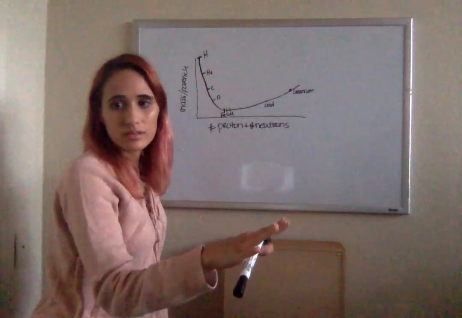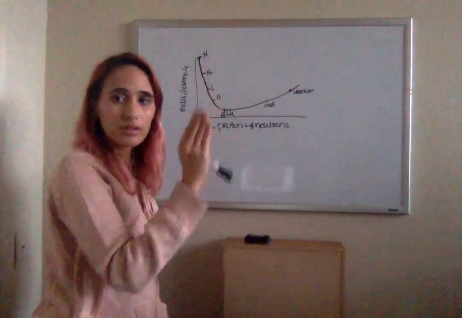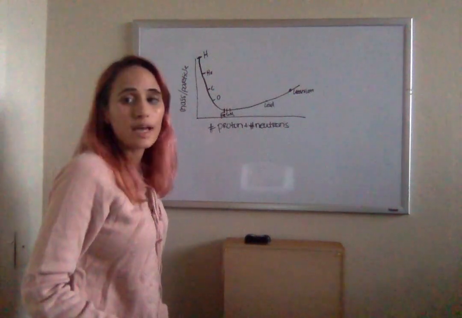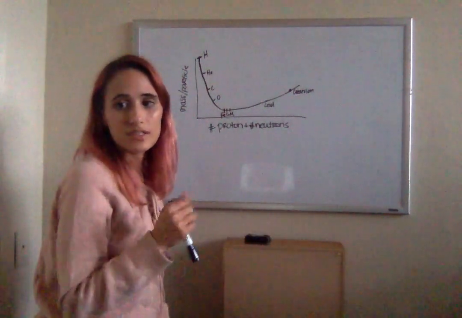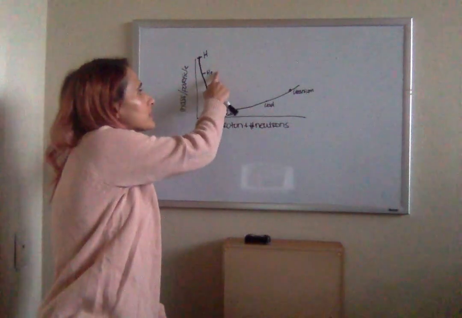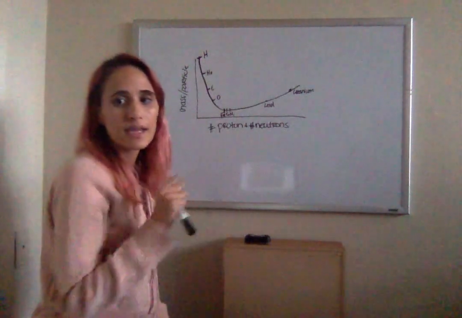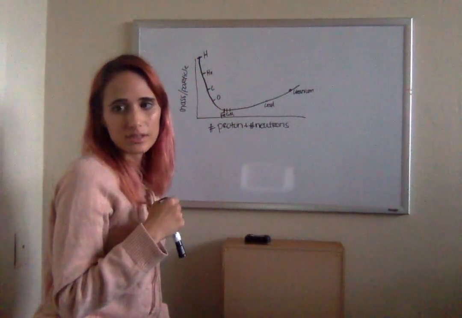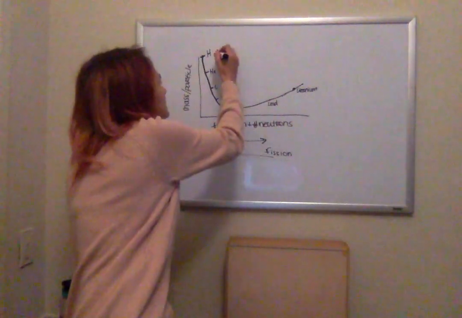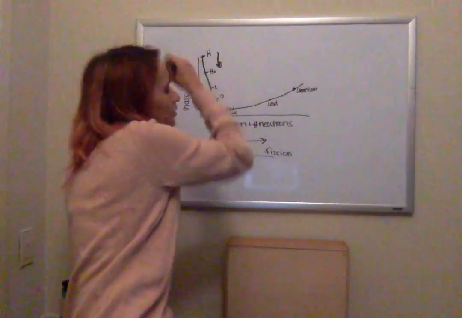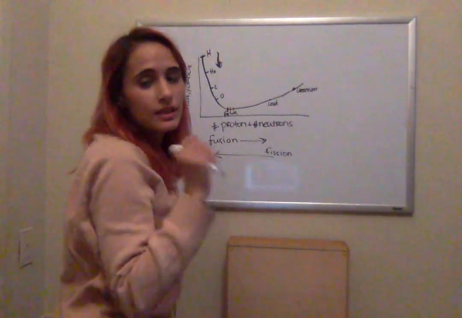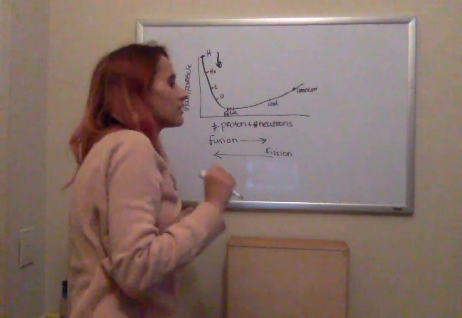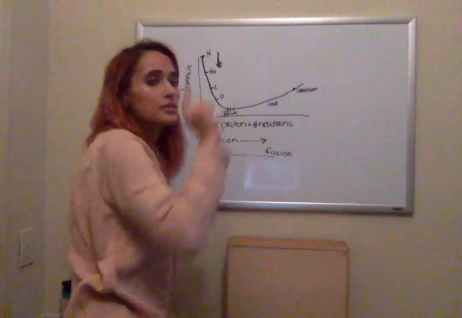If you go up on this graph, you have to take energy to move up. So if I go from helium to hydrogen, that will use up energy to do that transition. But hydrogen down to helium will give off energy. Hydrogen to helium moving down gives off energy. Helium to hydrogen moving up takes energy.